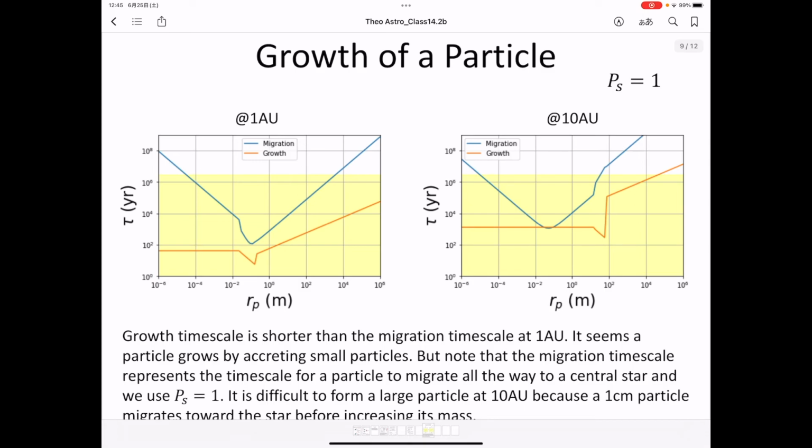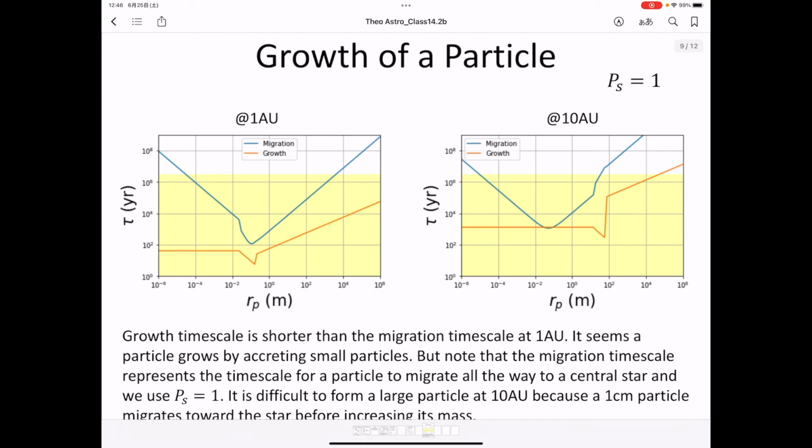These figures show the growth timescale of particles when the sticking probability p sub s is equal to 1 at 1 AU and also at 10 AU. Horizontal axis shows the size of the solid particle r sub b from 1 micrometer to 1000 kilometers. The vertical axis is a timescale in the unit of years.